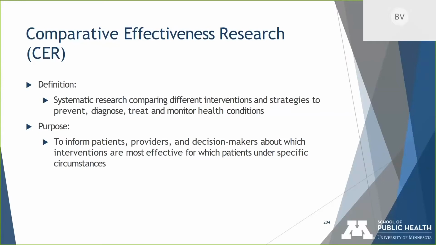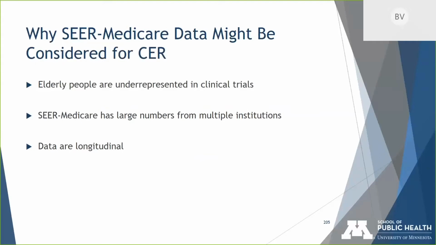And so the SEER Medicare data offer a lot of benefits for comparative effectiveness research. We know that elderly people are underrepresented in clinical trials, and this is a population base of elderly patients that we know have cancer.